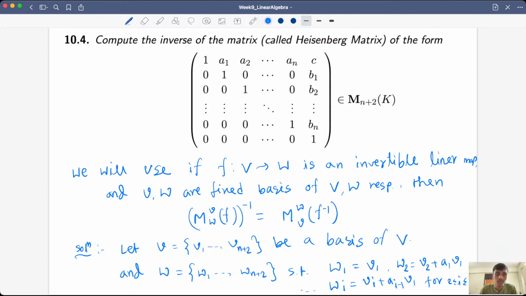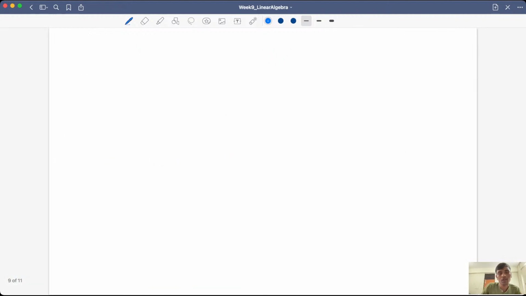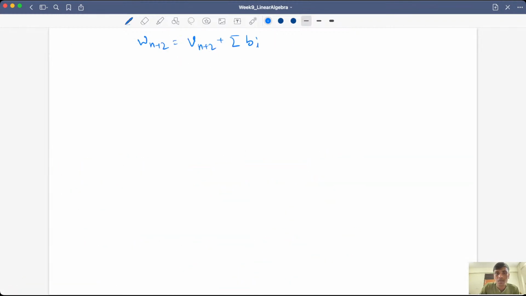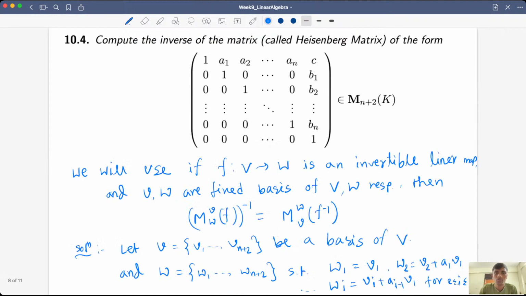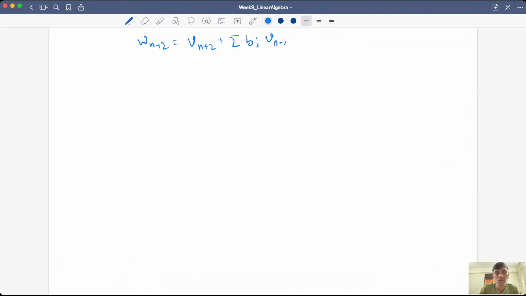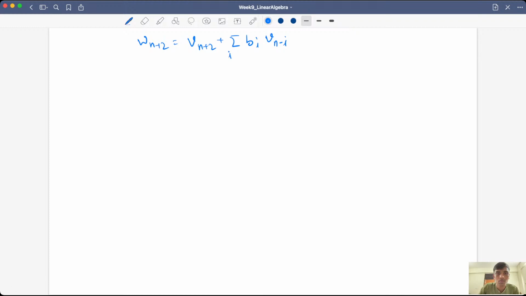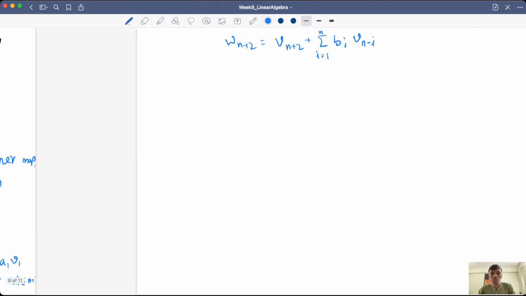Now, let me write wn plus 2 as vn plus 2 plus the sum of bi times v(i+1), i equal to 1 to n.